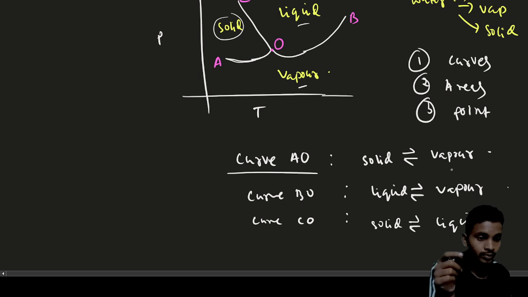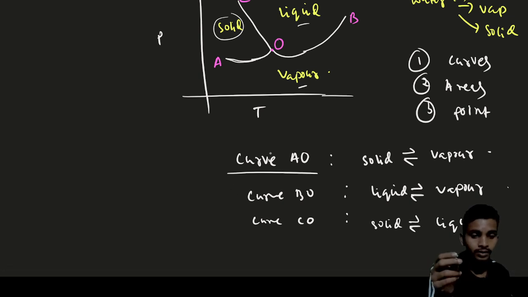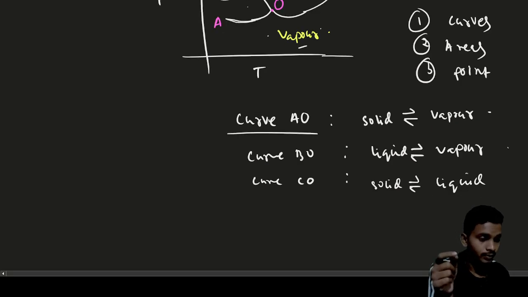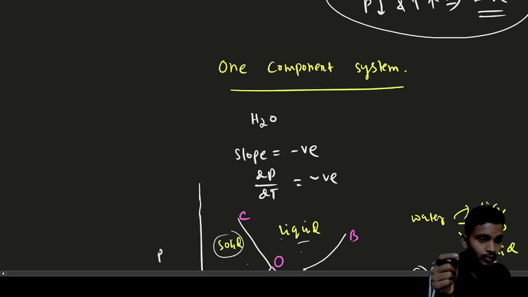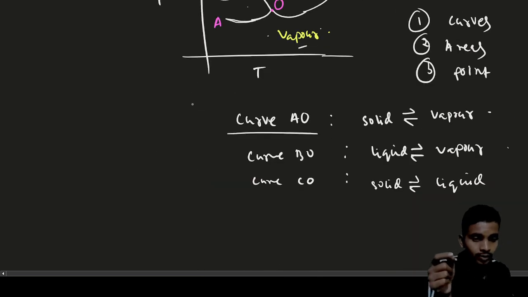So AO means this and this, BO means this and this, and CO means this and this are in equilibrium. First we discussed the curves.